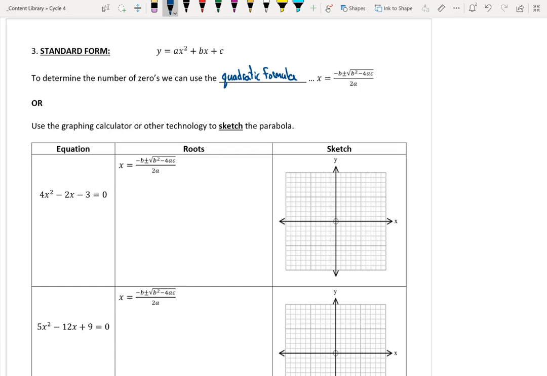Or we could use a graphing calculator or other technology to sketch it and see what it looks like. So we're going to start off by using the quadratic formula first, and we can verify if you want by using Desmos to come up with a sketch of what it looks like. But again, the main thing is we want to find our a, b, and c values.